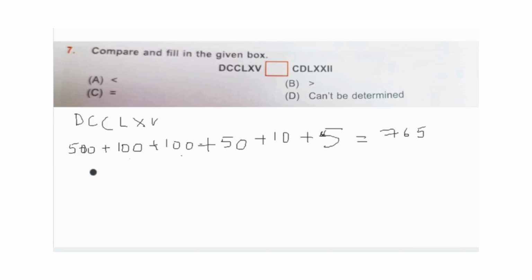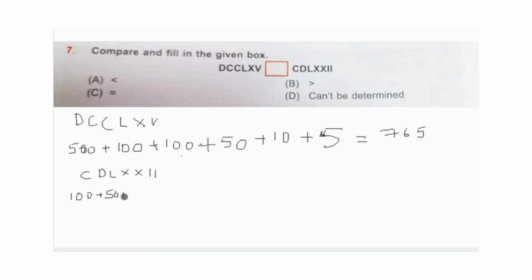Now let's write the second Roman number, which is C, D, L, X, X, and I. The value of C here is 100, and the value of D is 500.